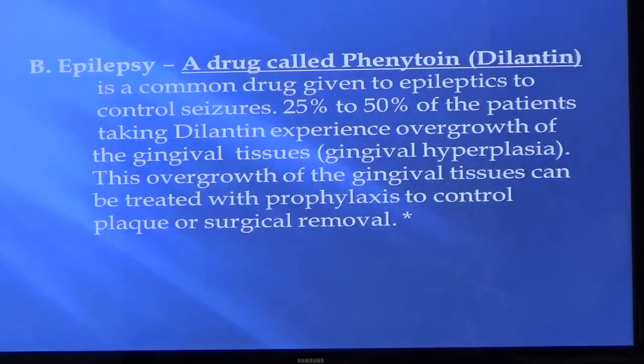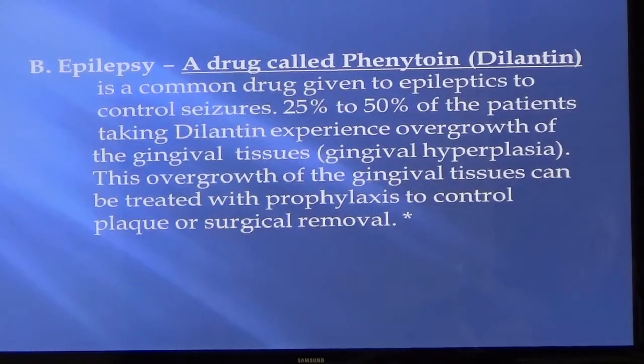Epilepsy: it's not as bad as before, but there are still some medications, and this is the one you need to know. A drug called Phenytoin or Dilantin is a common drug given to epileptics to control seizures. It's not used as much anymore, but Dilantin causes overgrowth of the gingival tissues.